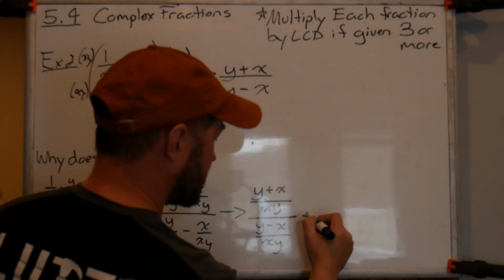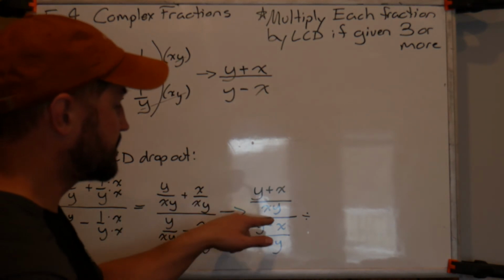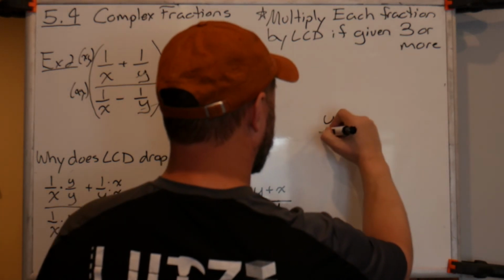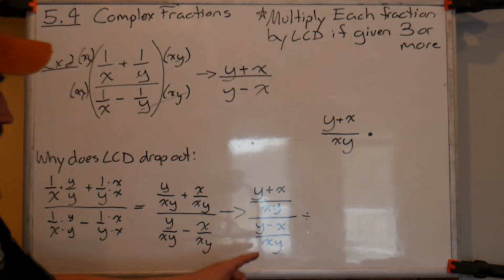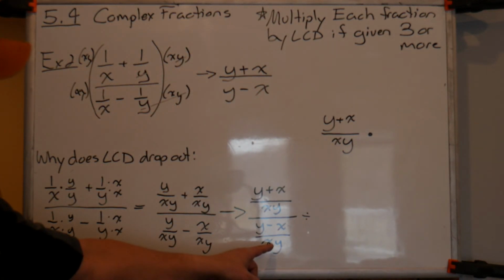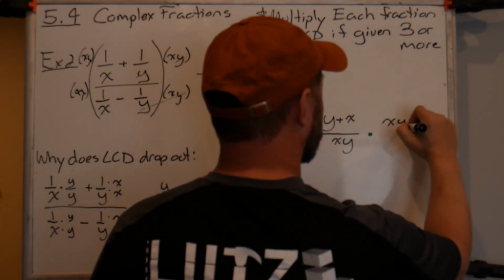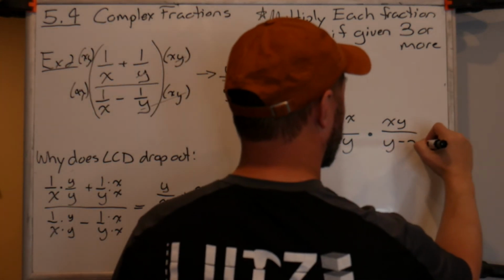This is division. When we're dealing with fractions, we're talking division. So you know that to solve a division problem with fractions, you take the reciprocal and multiply of the second one. So my reciprocal is xy over y minus x. This is the long way.